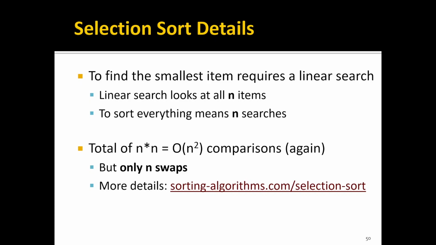For example, it's faster to read from flash memory, like a USB stick, than it is to write to that memory. So fewer write operations can save a bit of actual clock time, despite the algorithm complexity still being order n squared. Now again, this algorithm isn't doing exactly n squared comparisons, because the first time through we're comparing n items to determine which one is the smallest.